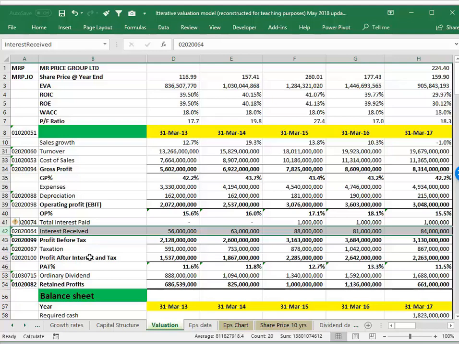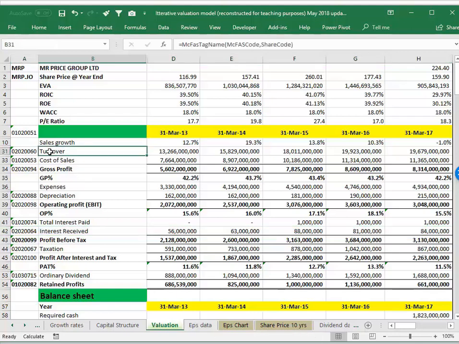In our discussions up until now, we've just had an interest paid component there. But of course, companies have loans to other businesses. They have cash invested in money market accounts, or simply in their own bank accounts for the business, and these earn interest, and that's often a source of income for the business. We don't include it in the sales, it's itemized separately.